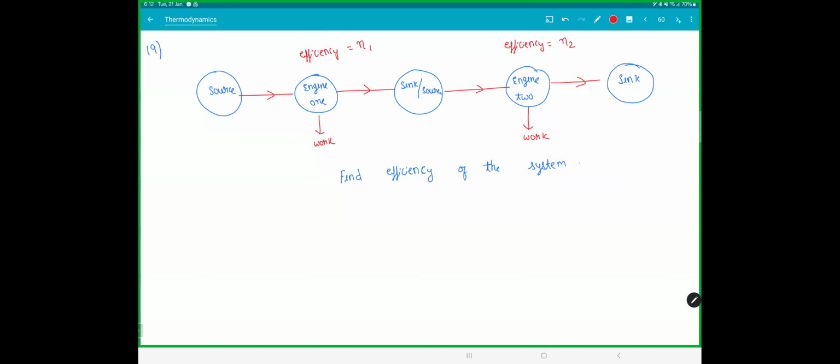I'll give you an idea. Say eta 1 minus eta 2. No, just you got it right. No, Devansh, that is wrong.